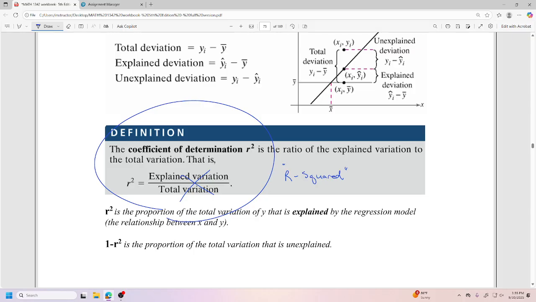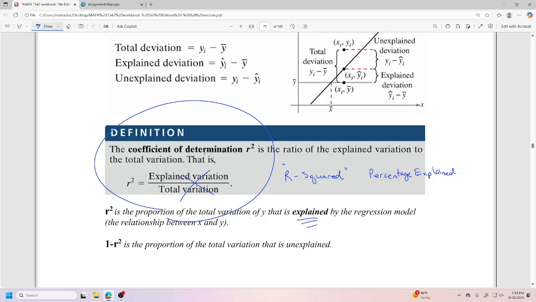But this is the official one, and they specifically say it's the percentage explained. Hold on, let me rewrite that one more time. It's the percentage explained. That's going to be part of the definition all the time.